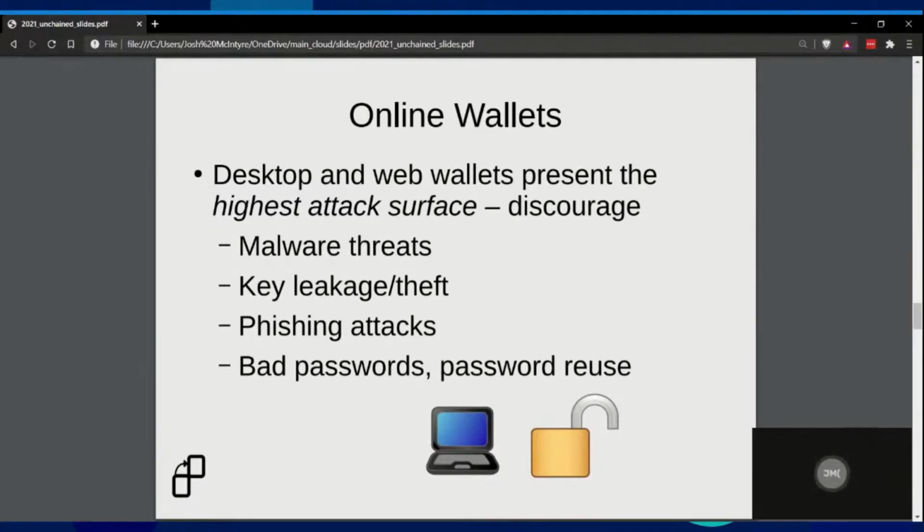You could have key leakage or theft of your keys, where somebody could find out how to get at unencrypted keys potentially and send them off to an attacker. You have phishing attacks. Now, this is not something that's necessarily prevented by using a mobile or hardware wallet, but if you're commonly interacting with a desktop wallet, phishing attacks are issues.